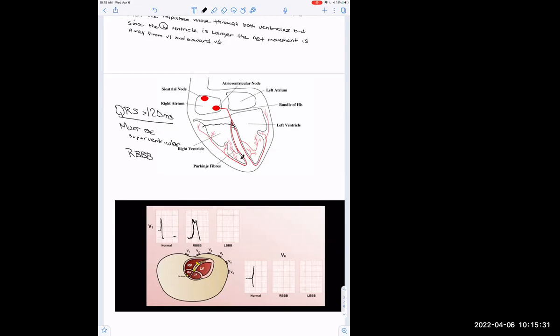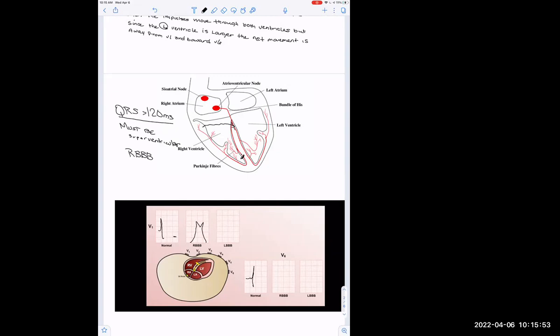So let me clean this up, and hopefully we can make this make a little more sense. If we were to clean this up, we would get something that looks like this. Okay.